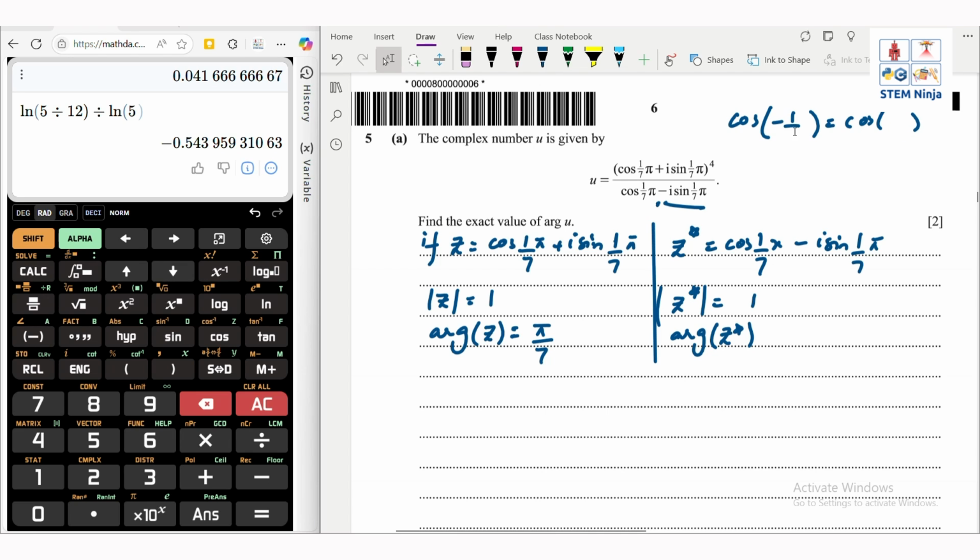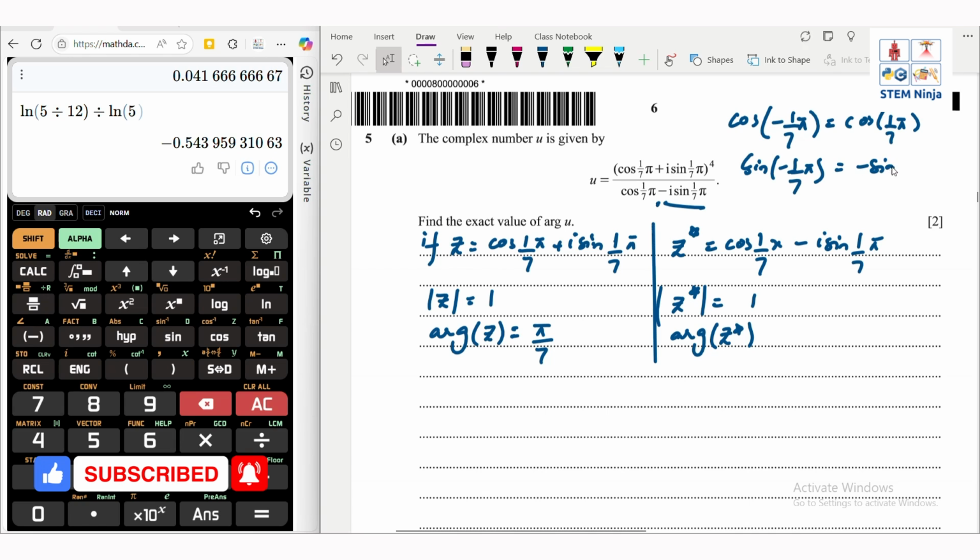So if it's minus 1 over 7 pi, it would be the same as 1 over 7 pi because it's an even function. However, the sine of minus 1 over 7 pi would be minus sine of positive 1 over 7 pi. So sorry, my bad. Let's rewrite it. So argument of the conjugate is minus pi by 7.